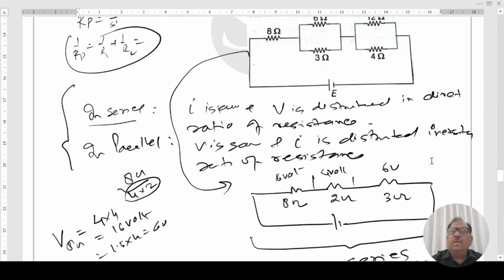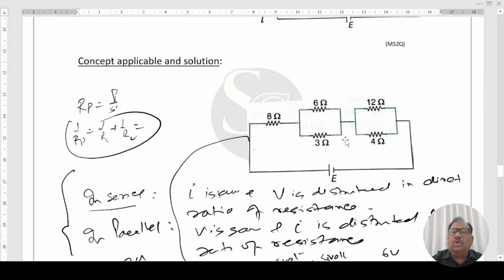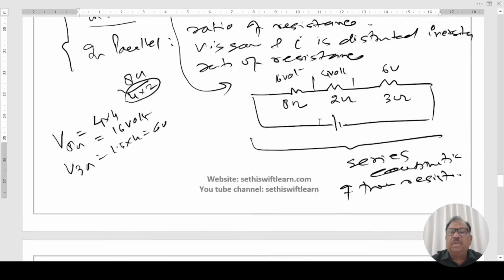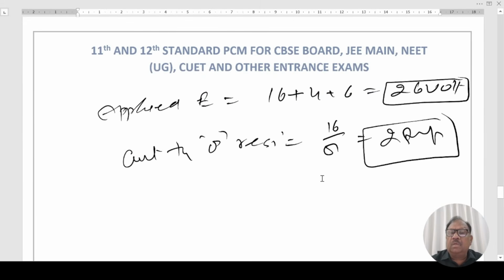Similarly, voltage is known across this, 4 volt, across this 6 volt. So current through this, I equal to V upon R. We can find the current through each resistance, right? All concepts I think are clear now. Next question.